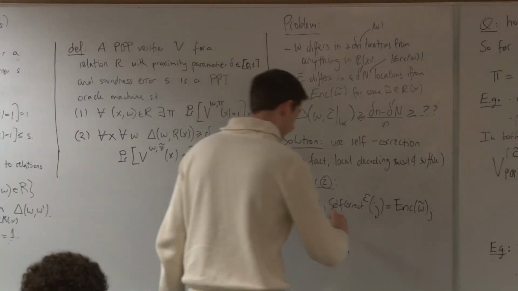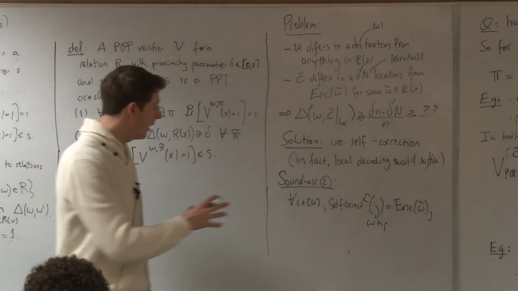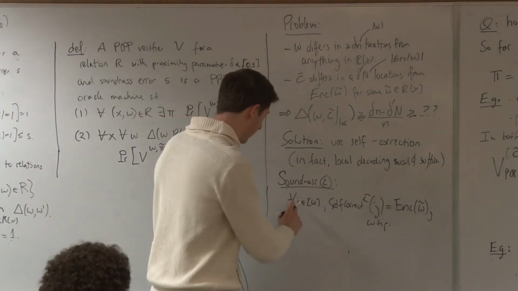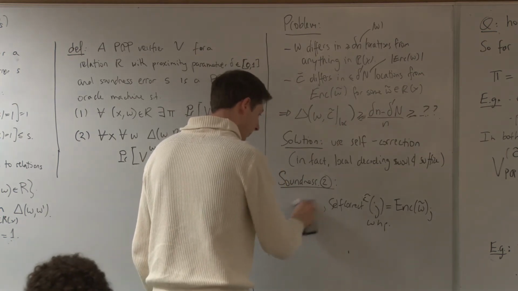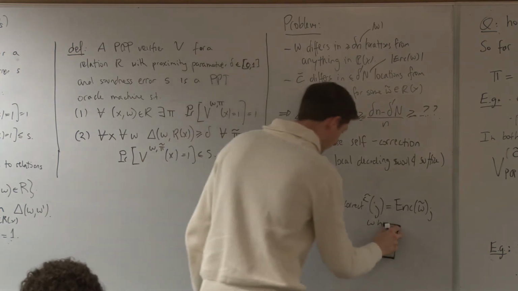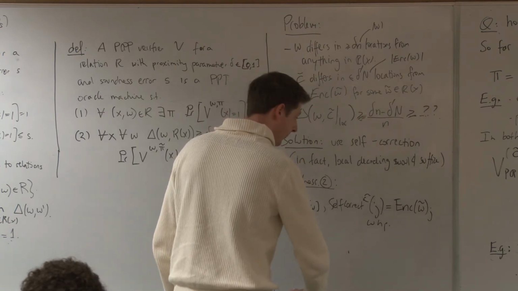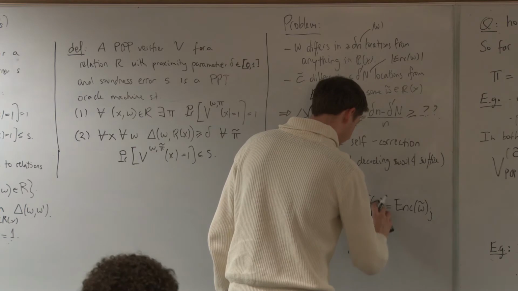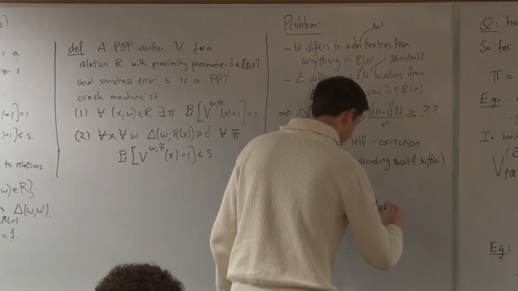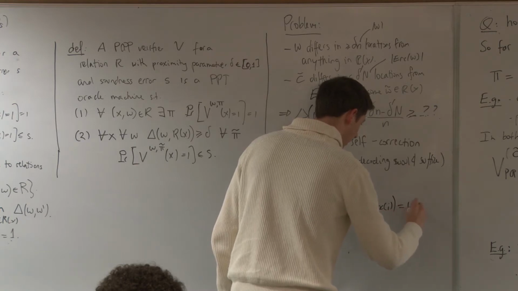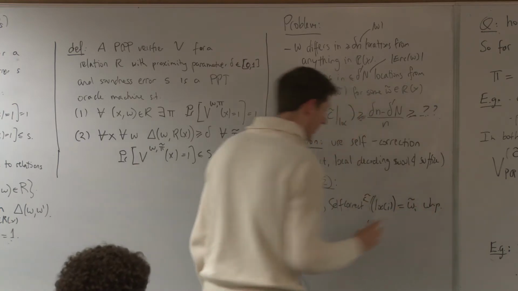With high probability. Right? So, for every I in W, self-correct at location I will equal Wi tilde with high probability, right?